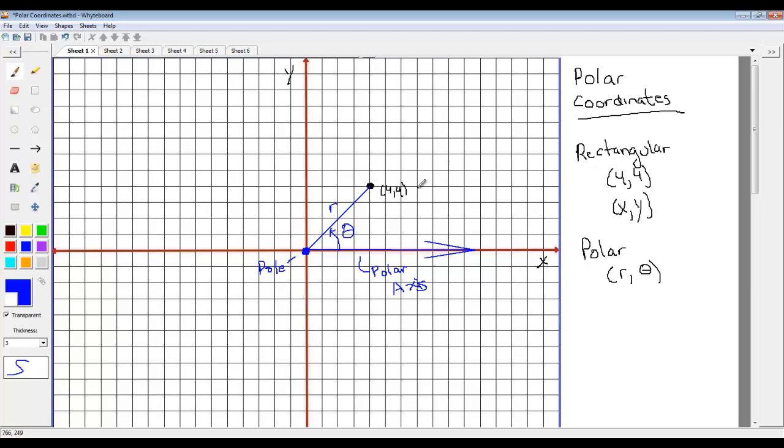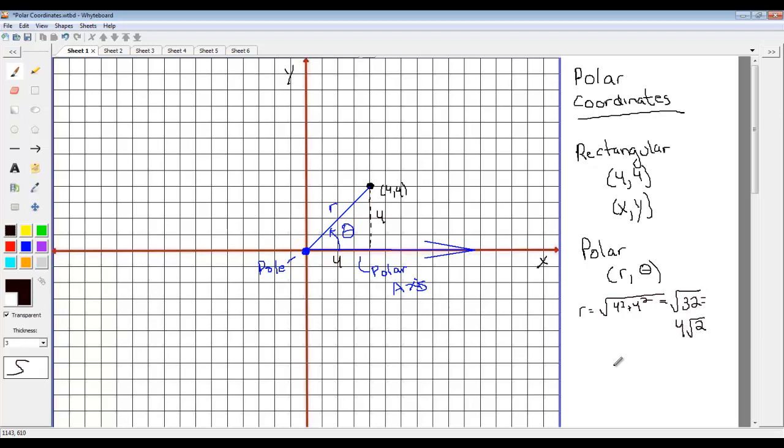In this case, for r we have to think about right triangles here. You have 4 and 4. r is the square root of 4 squared plus 4 squared, so the square root of 32, or 4 square roots of 2, because 16 plus 16 is 32, or 2 times 16, and the square root of 16 is 4.